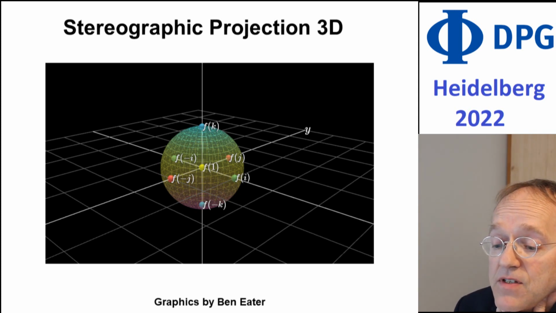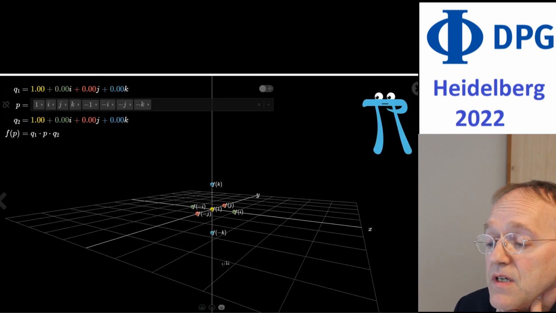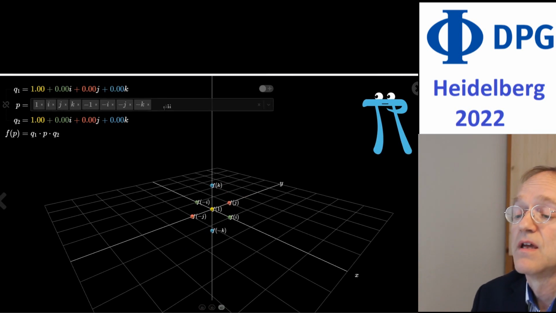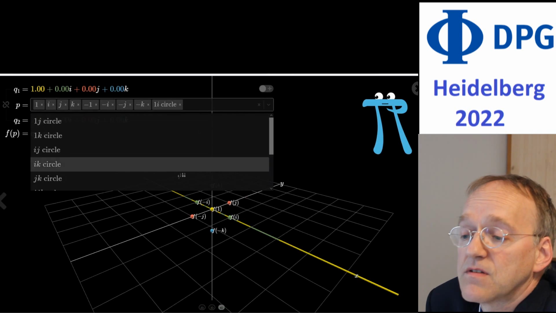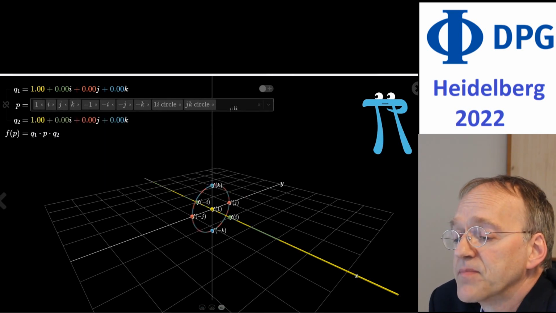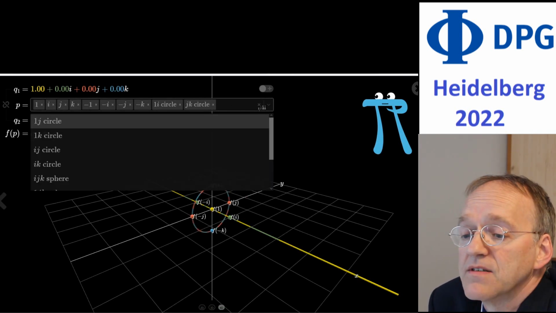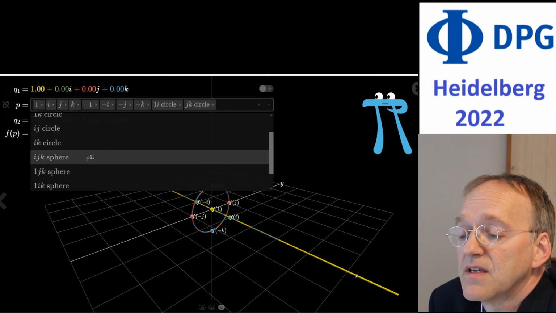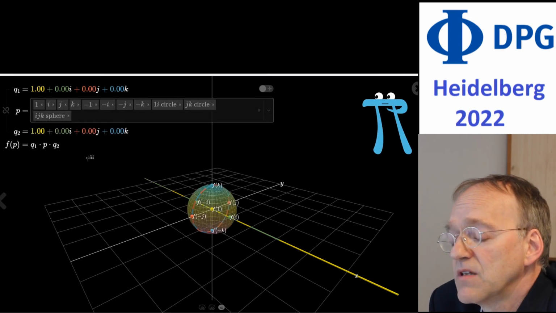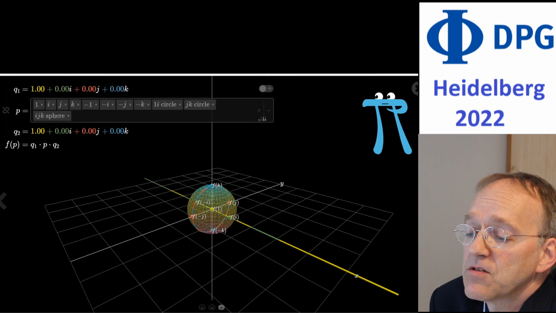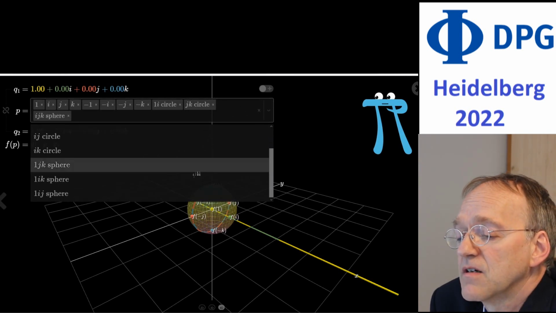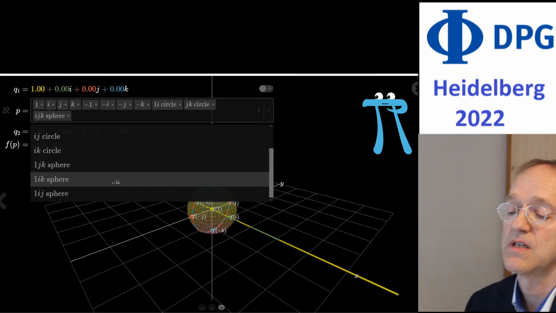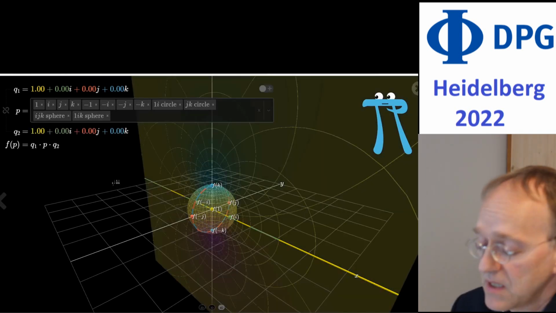And again, a little visualization here. You can move around, and now you can insert circles. One of the circles, in which there's the real dimension, appears as a straight line, whereas other circles in the complex dimensions are real circles, and then you have spheres, and you can visualize these stereographic projections and S3 in a very nice manner here.